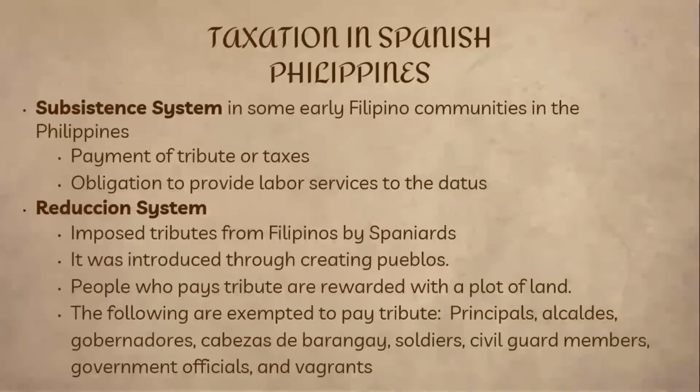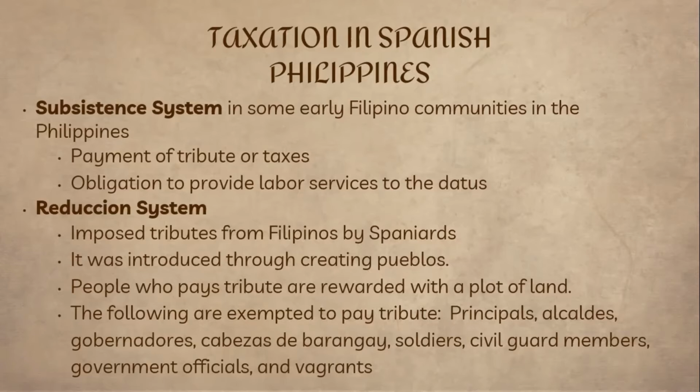The difficulty faced by the Spaniards in revenue collection, which frequently refers to a government agency billing the public for fines, taxes, or any other fees, was the scattered nature of the settlement, which they solved by introducing the system of reduction by creating pueblos, where Filipinos were gathered and awarded plots of land to till.